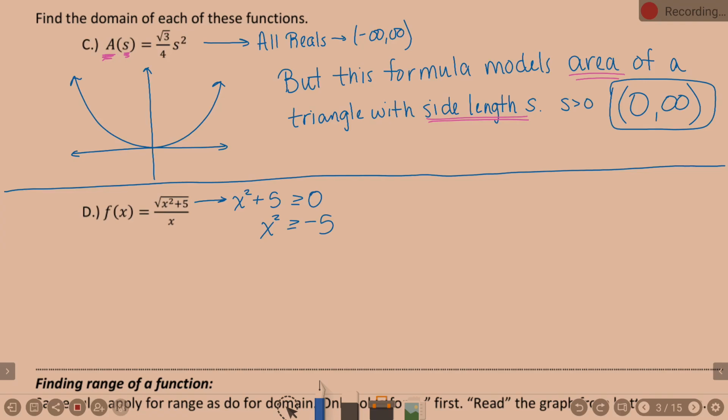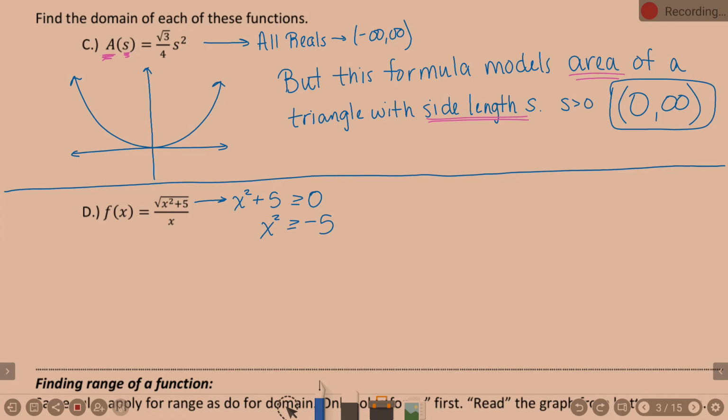Whatever's under a square root has to be positive. Okay, think about what happens when you put a negative number in here for x. What happens when you put any number in here for x? You're going to square it, and when you square any number, it's going to be a positive. What happens when you add 5 to a positive number?